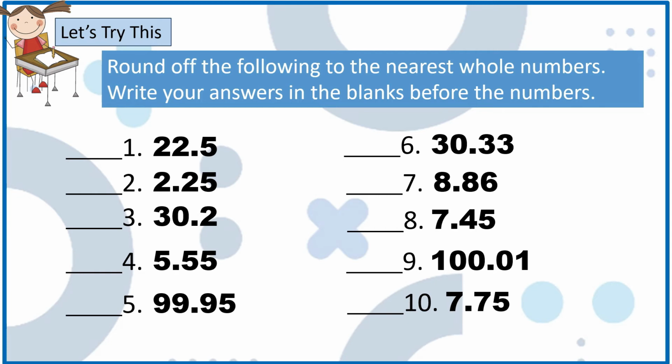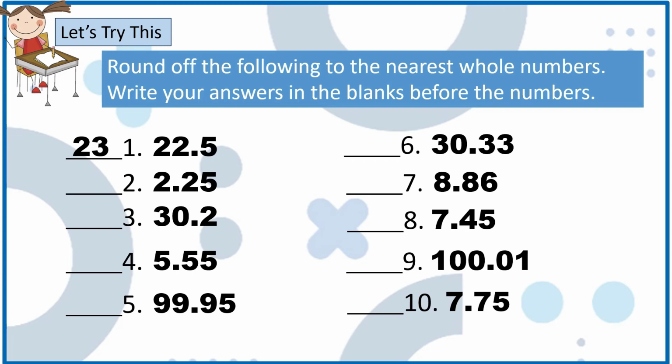22.5. 5 is equal to 5, so we round up 22 to the next higher whole number, that is 23. Number 2, 2.25.